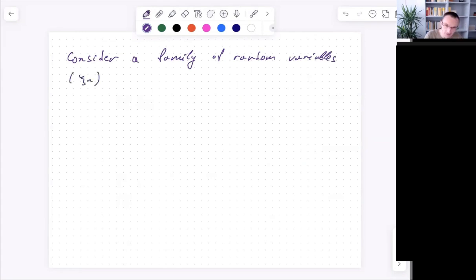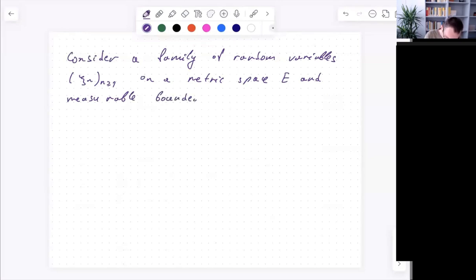But now I assume, like in the previous lecture, we have the discrete family on a metric space E, and we assume that we have measurable bounded functions K n from E to R.